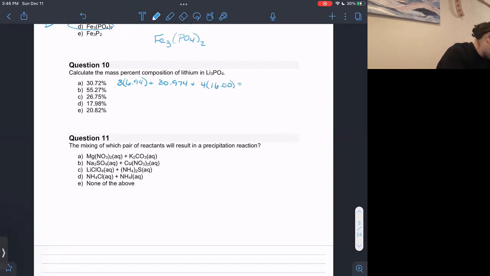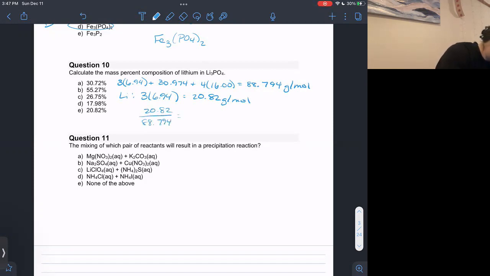So my total molar mass is 88.794 grams per mole. And then my lithium is going to be 3 times 6.94 because I have 3 lithium atoms in my whole compound. So 3 times 6.94 will be 20.82 grams per mole.